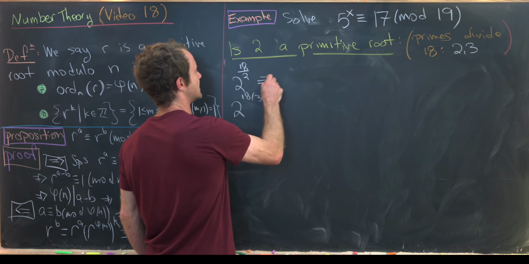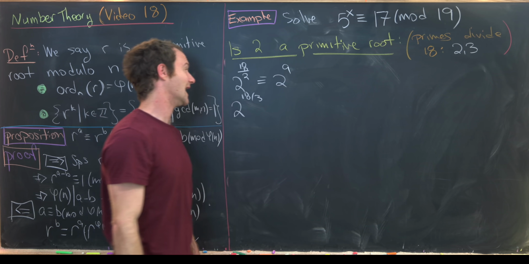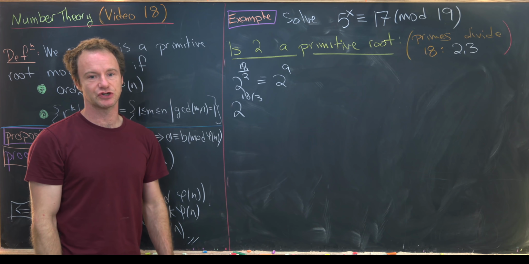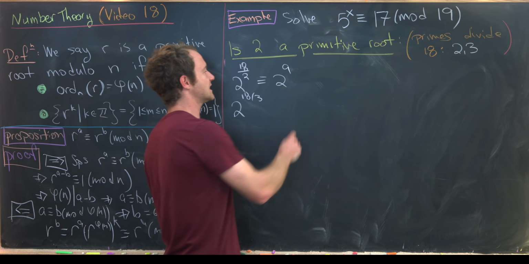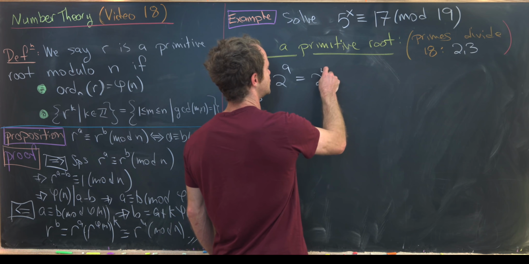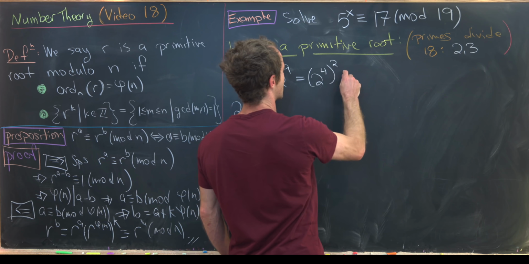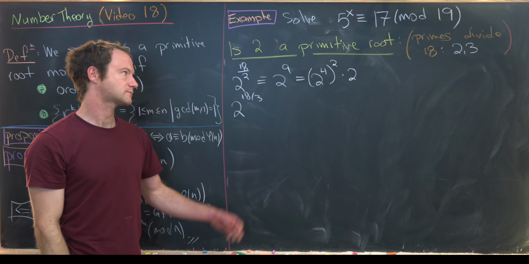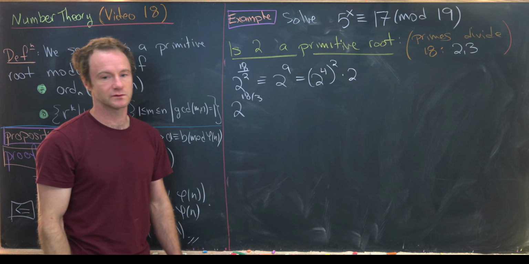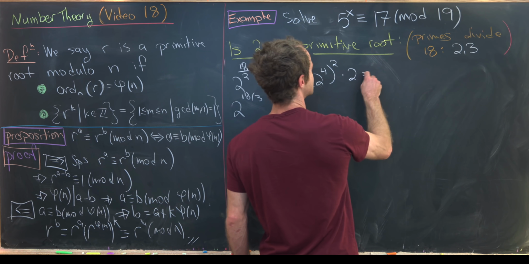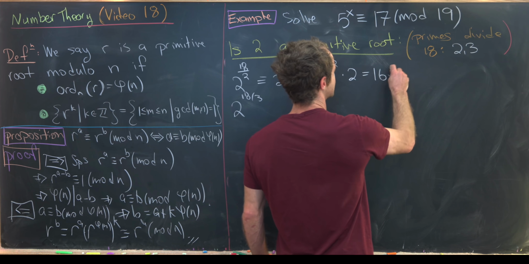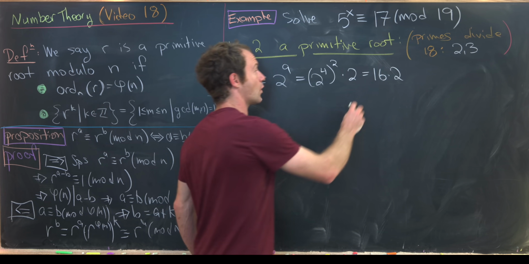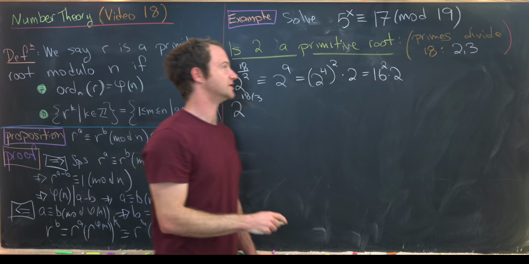Okay, so this one is 2 to the 9, obviously, because 18 over 2 is 9. Then we can calculate this as 2 to the 4 squared times 2 to the first power, just using exponent rules. So let's notice that 2 to the 4 is 16. So this is 16 squared times 2.